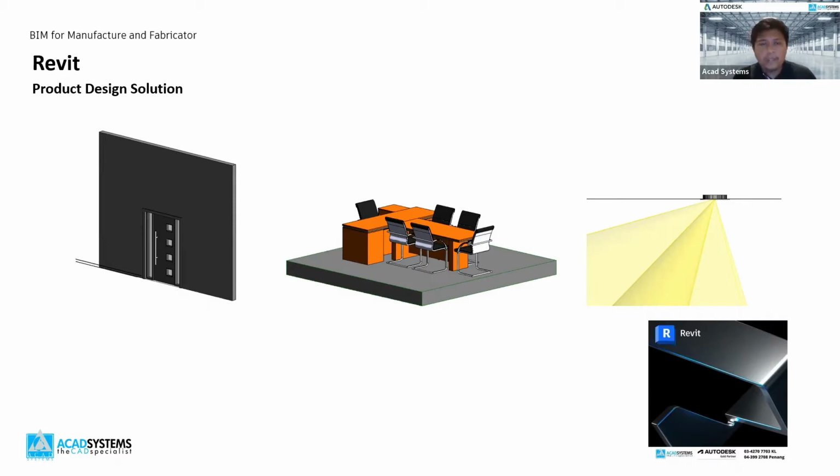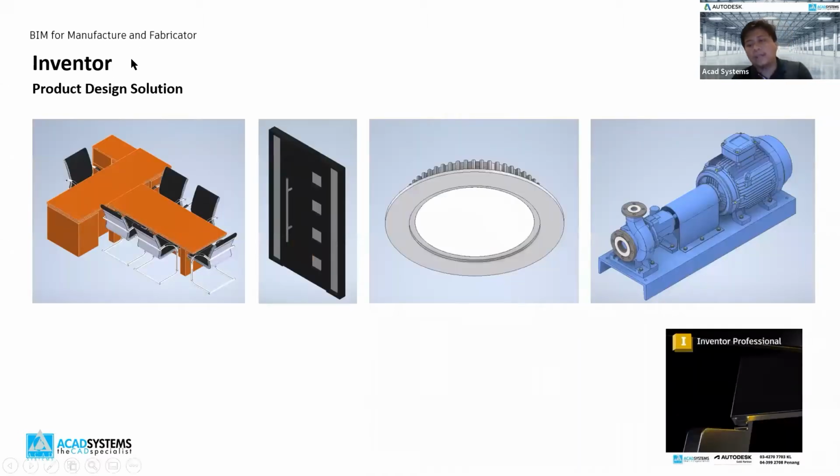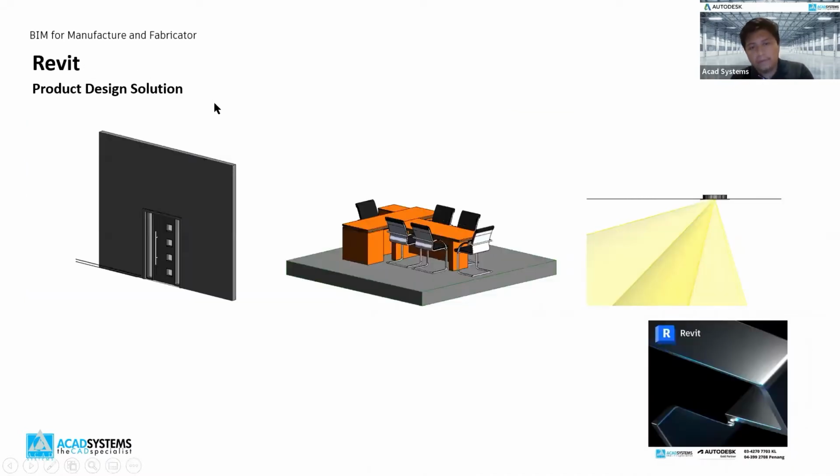To reduce that problem, we need to have Inventor, and we also need to have Revit. Since this topic is focused on manufacturers and fabricators, the best approach is to start by 3D modeling your object using Inventor and then transfer it through to Revit. That is what we are going to cover.